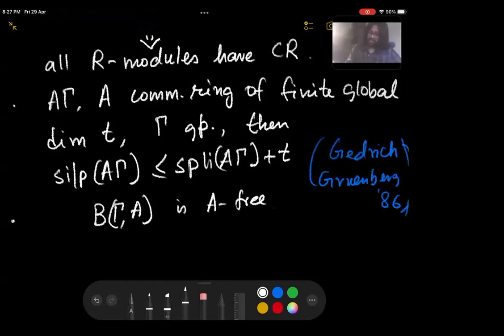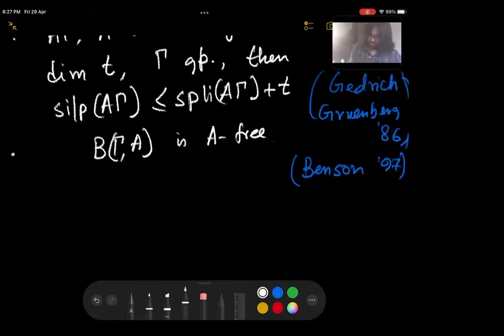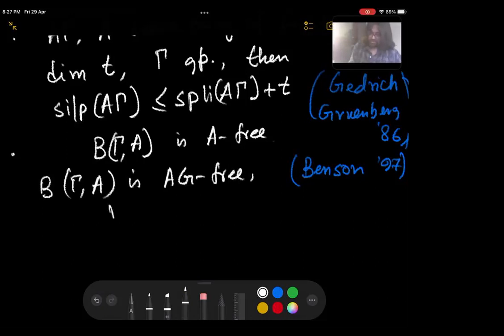But in its modern incarnation, it is due to Benson, David Benson, '97, I want to say. And also B gamma A is AG free for all finite subgroups G of gamma.